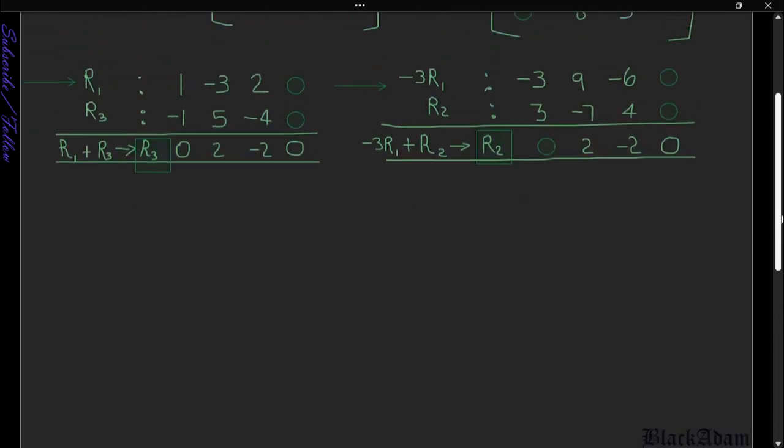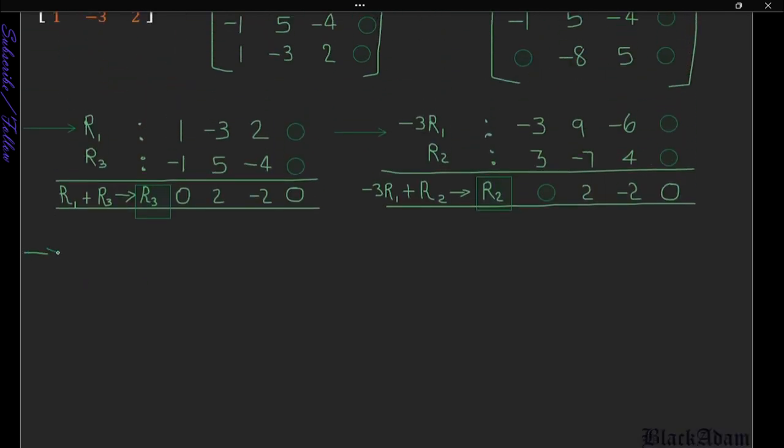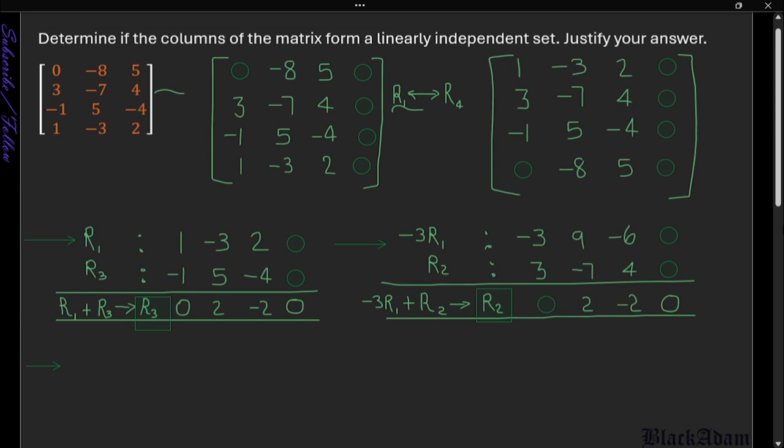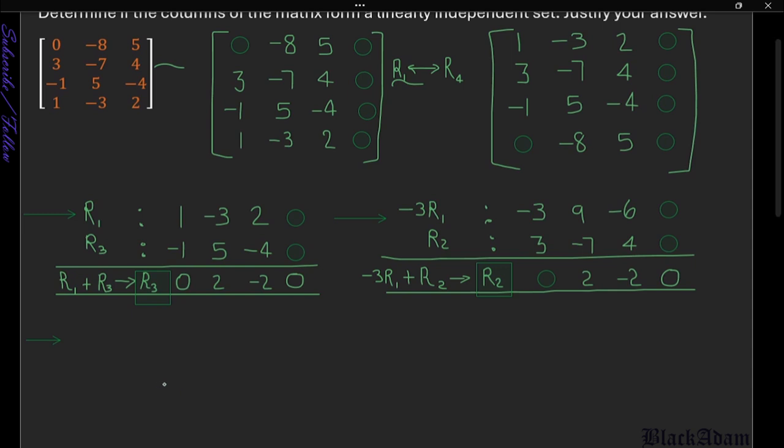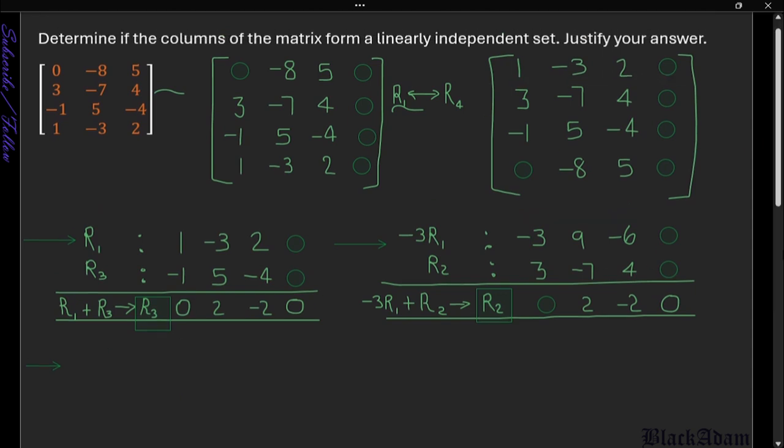Now we have to rewrite the matrix once again. The first row, nothing changed, we write it as it is: 1, -3, 2, and 0.